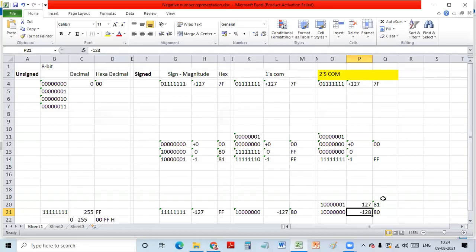So this is how we can represent unsigned and signed integers. All the numbers are integers. This is what is called integer representation.